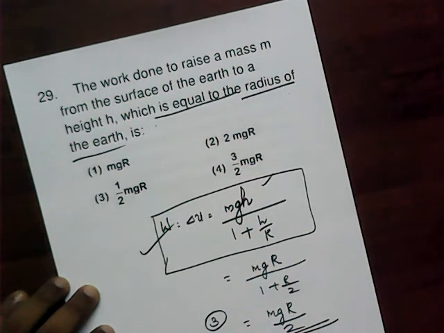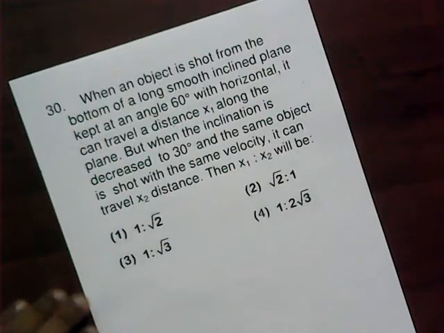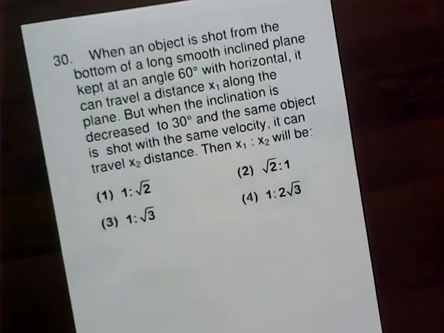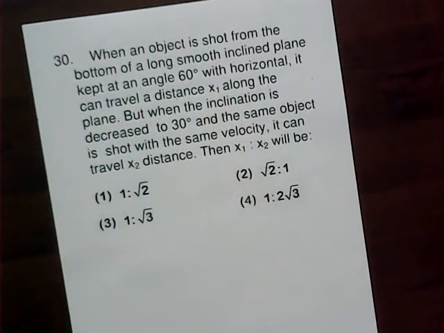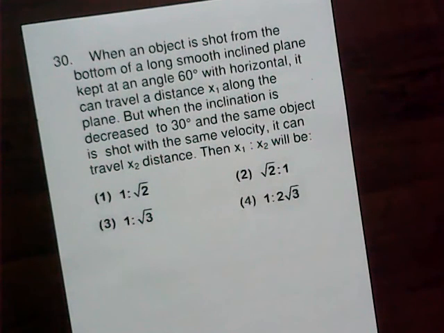It's a good aspect. Number 30. An object is shot from the bottom of a long, smooth, inclined plane kept at an angle 60 degree with the horizontal. It can travel a distance x1 along the plane, but when the inclination is decreased to 30 degree and the same object is shot with the same velocity, it can travel x2.